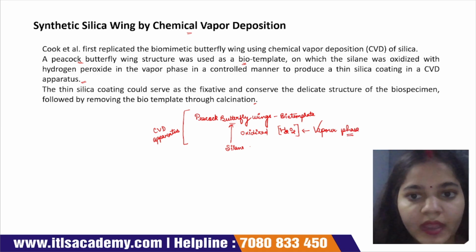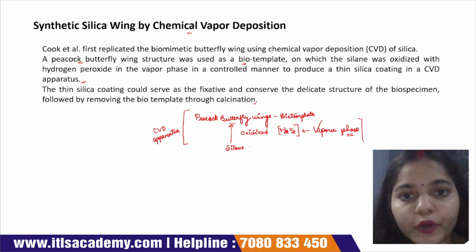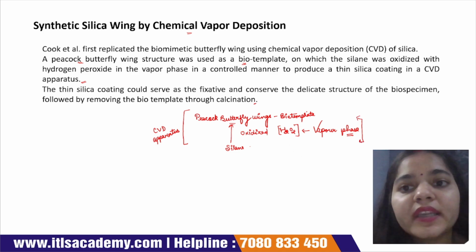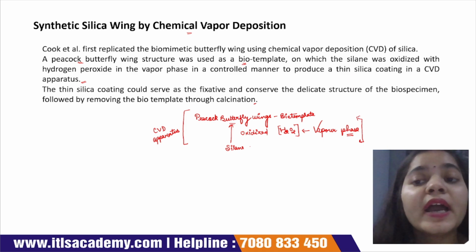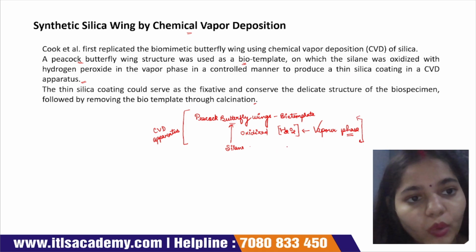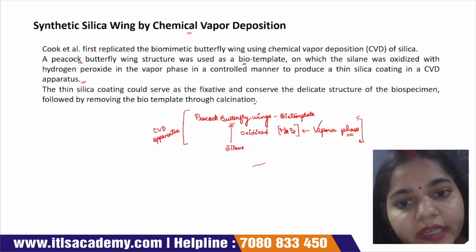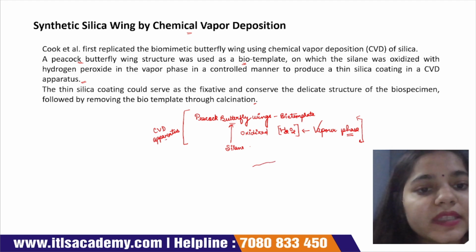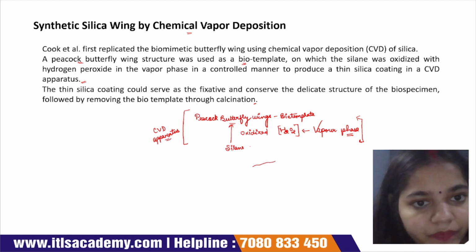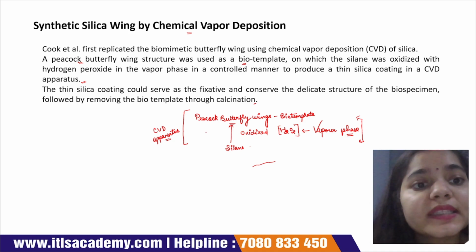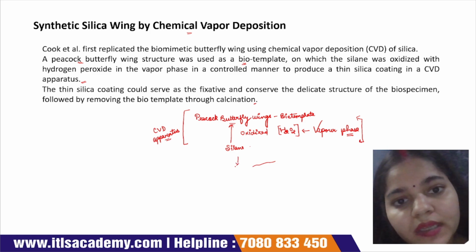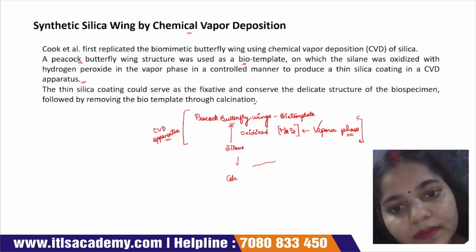Okay, and this process is performed in a controlled manner. After this process, a thin silica coat is produced in this CVD apparatus. Whenever the thin silica coat is formed, we perform the calcination process.